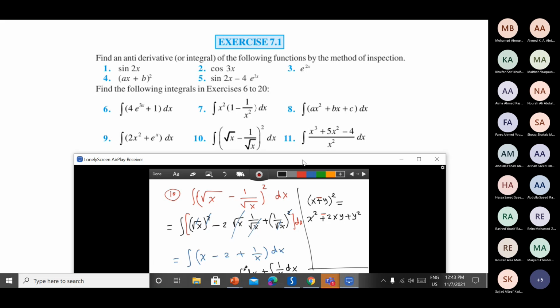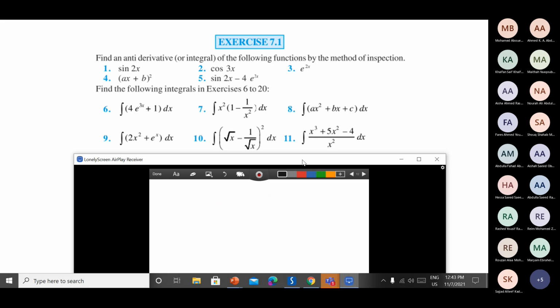Okay, let's go for number 11. The integration of x cubed plus 5x squared minus 4 over x squared, dx.